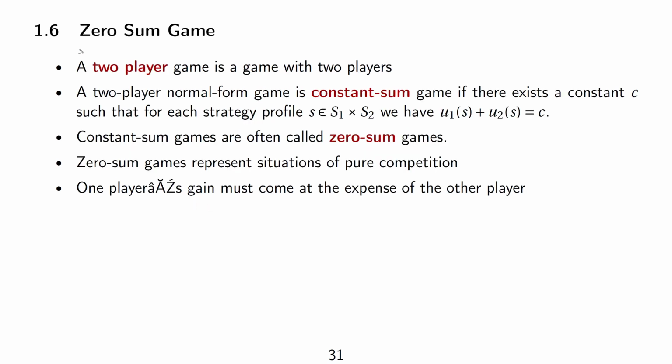So here we introduce the concept of a zero-sum game and a few other terms. So a two-player game is a game with two players, which we have when we study generative adversarial networks.